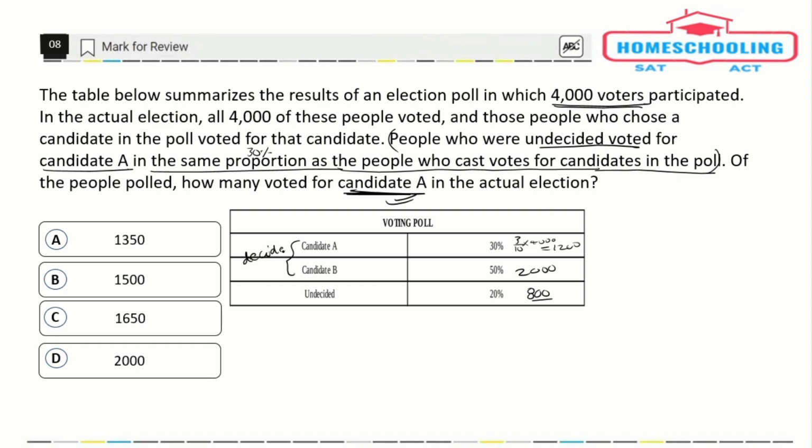So undecided voters vote for candidate A in the same proportion, that is 30%, as the people who cast the vote for the candidate in the poll.